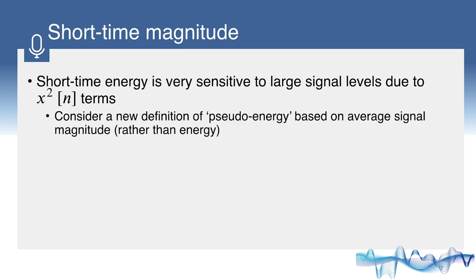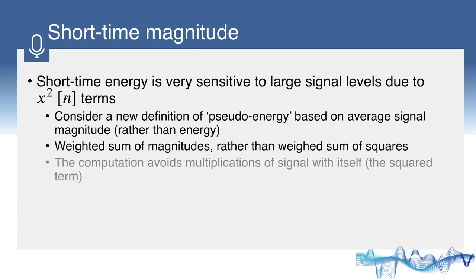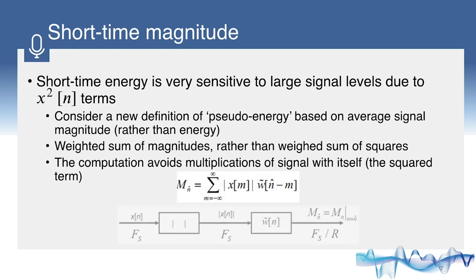We consider a new definition of pseudo-energy based on average signal magnitude rather than energy. It is a short-time parameter with a weighted sum of magnitudes, rather than a weighted sum of squares. The computation avoids multiplications of the signal with itself, the square term.